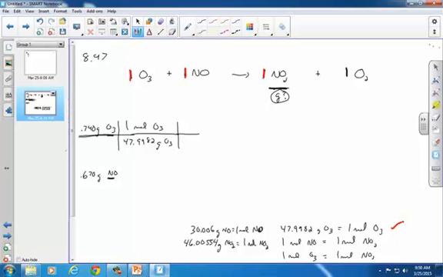Here it's not going to change the math, but if we left it out and the ratios weren't all 1-to-1 in the balanced reaction, the coefficients weren't all 1, if we didn't do this step we wouldn't get the right answer. So we need the relationship between moles of O3 and moles of NO2. That comes from the coefficients in the balanced reaction.